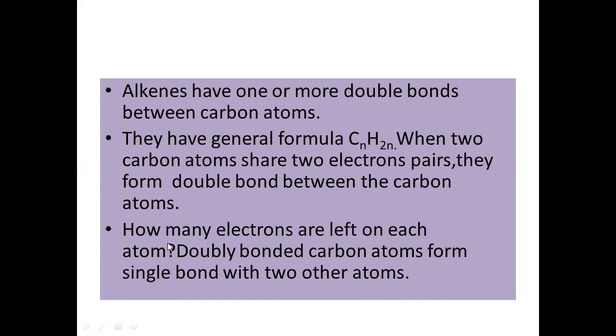Each carbon contains 4 electrons, because carbon belongs to group number 4 of the periodic table. If two carbon atoms form a double bond, two bonds are between the two carbon atoms, and the rest of the two bonds each carbon will form with two hydrogen atoms.